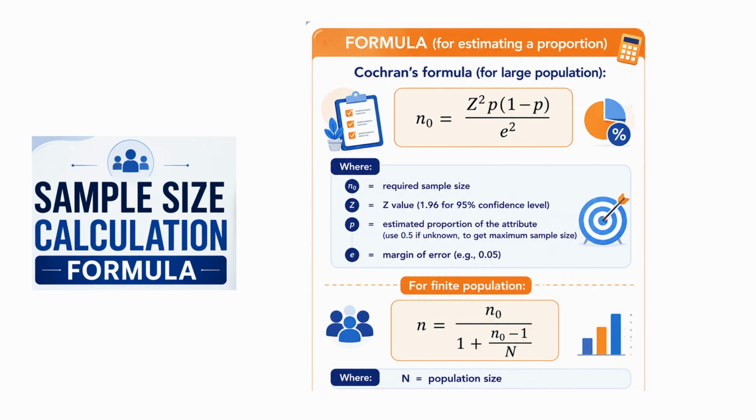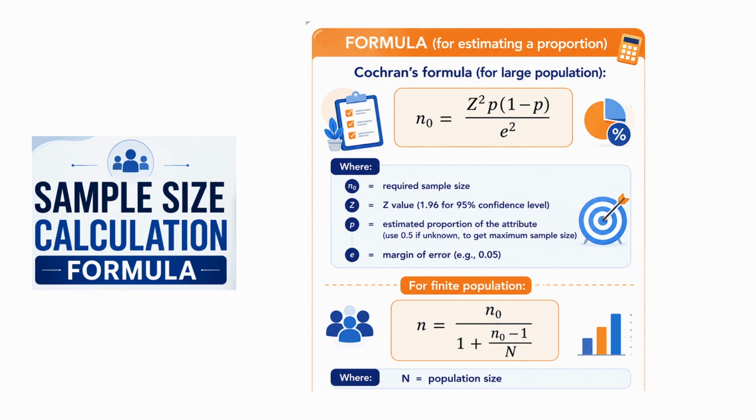Sample size will be calculated using Cochran's formula: Z alpha squared, that is the Z value for a 95% confidence interval, which is 1.96 here, multiplied by P multiplied by 1 minus P. P is the estimated proportion of the attribute.